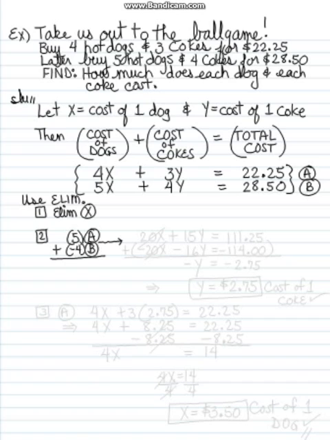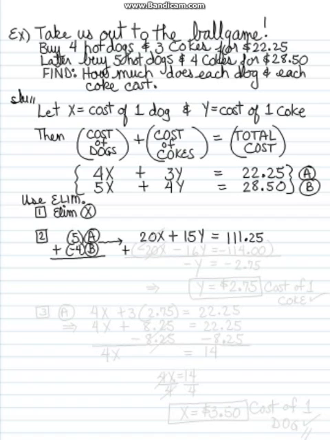So here's the result of multiplying every term on both sides of equation A by 5. That gives me 20x plus 5 times 3, 15y, equals 22.25 times 5, which gives me 111.25. I'm going to keep the decimals here.